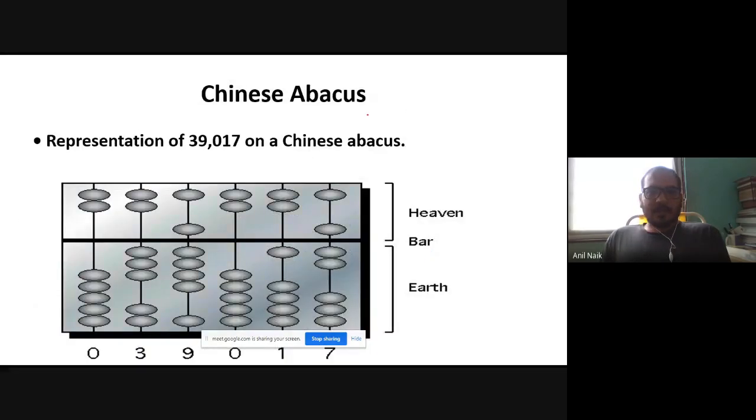Then the Chinese abacus. It is also one type of computing device. So I think you people know this one.